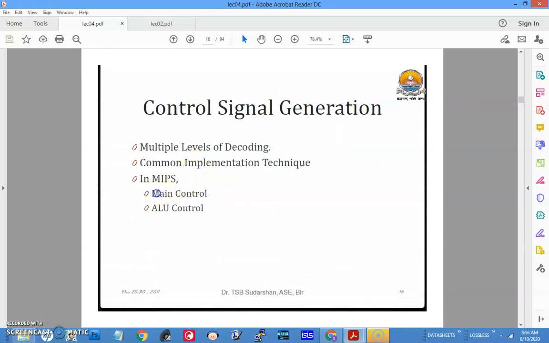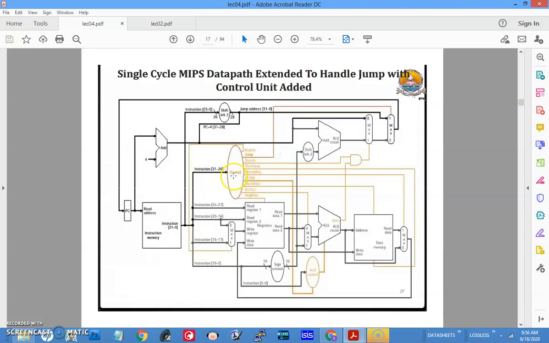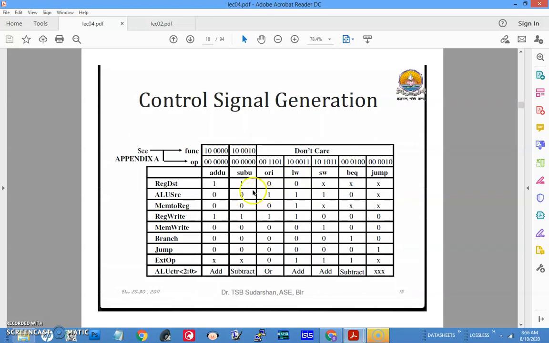So in MIPS there are a main control unit and an ALU control unit as we discussed earlier. This is your main control unit and this is your ALU control unit. Now the control table, this is known as the control signal table. For each instruction, what is the value of the control signal?